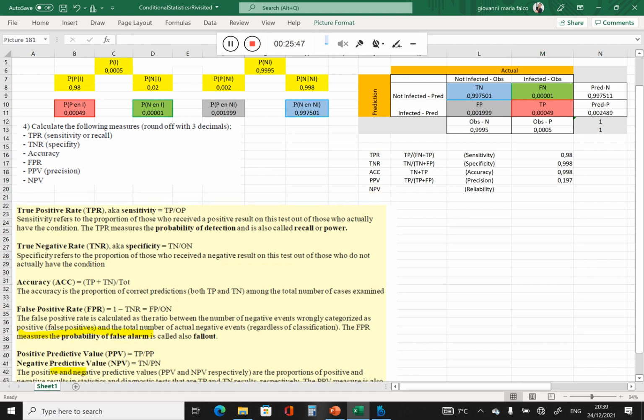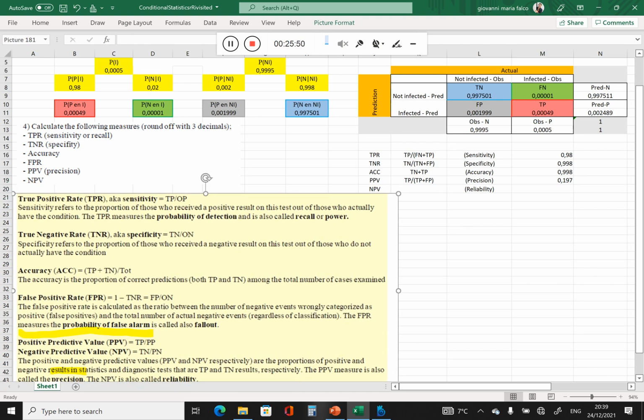Then the last one is the negative predicted value. It is basically the same, but now we take the ratio of the true negatives against the total predicted negative. So we have true negative divided by true negative plus false negative.